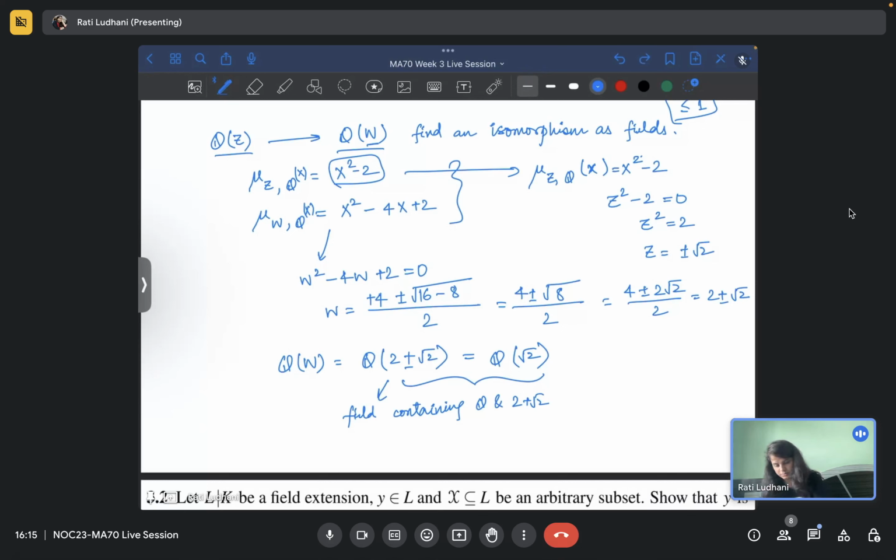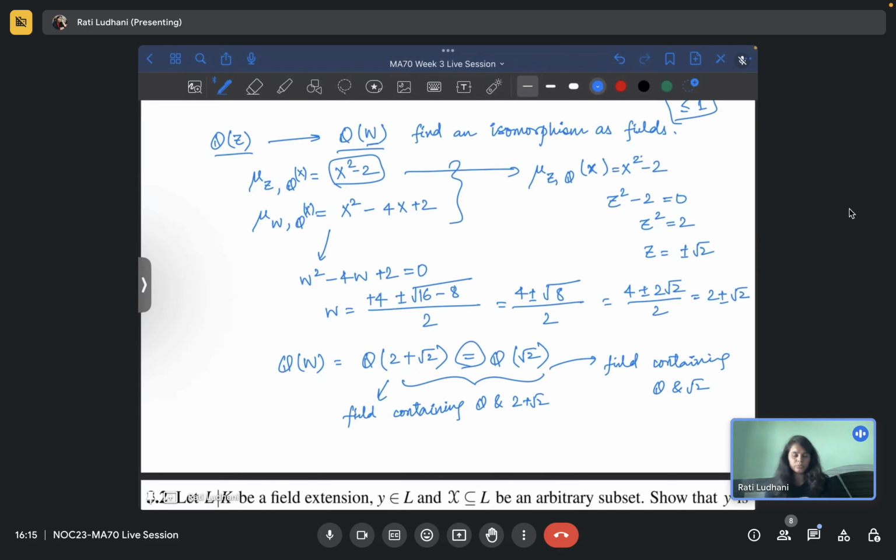I'll just take minus. Don't be confused that we have both of these here, we just have one. This is the field containing Q and 2 + √2, and this is the field containing Q and √2.